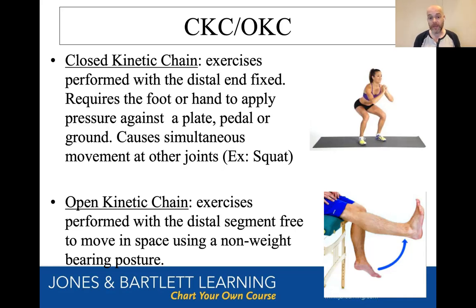That's a closed chain exercise. An open chain exercise is when the distal segment moves freely in space and you're not bearing weight on a support surface. So this guy here swinging is like if we've all sat on a high bench or something and swung our legs back and forth. If your feet don't touch the floor, that's an open kinetic chain activity. So there's no support surface.